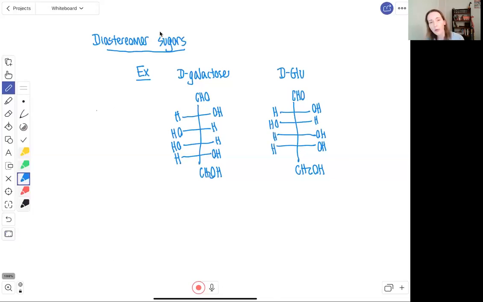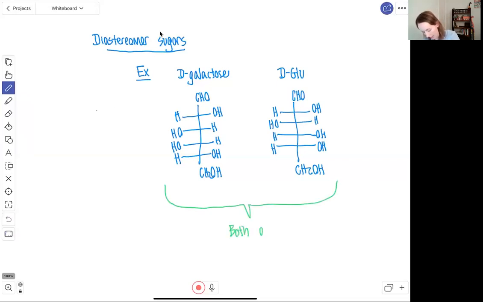So for example, if we were comparing D-glucose to D-galactose, we would classify these both as aldoses. Both are hexoses. And when we think about the relationship between the two, the structures are related as diastereomers.